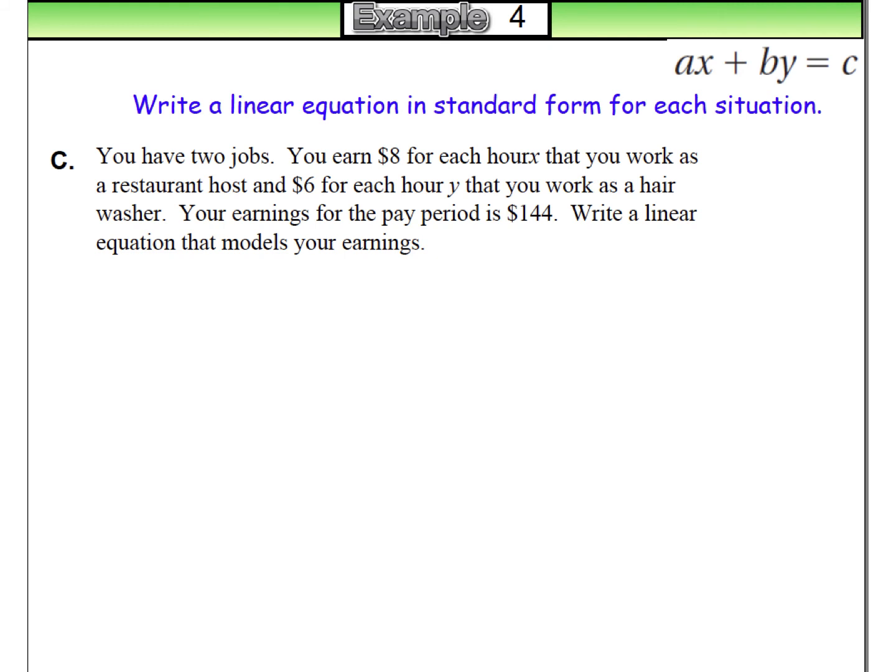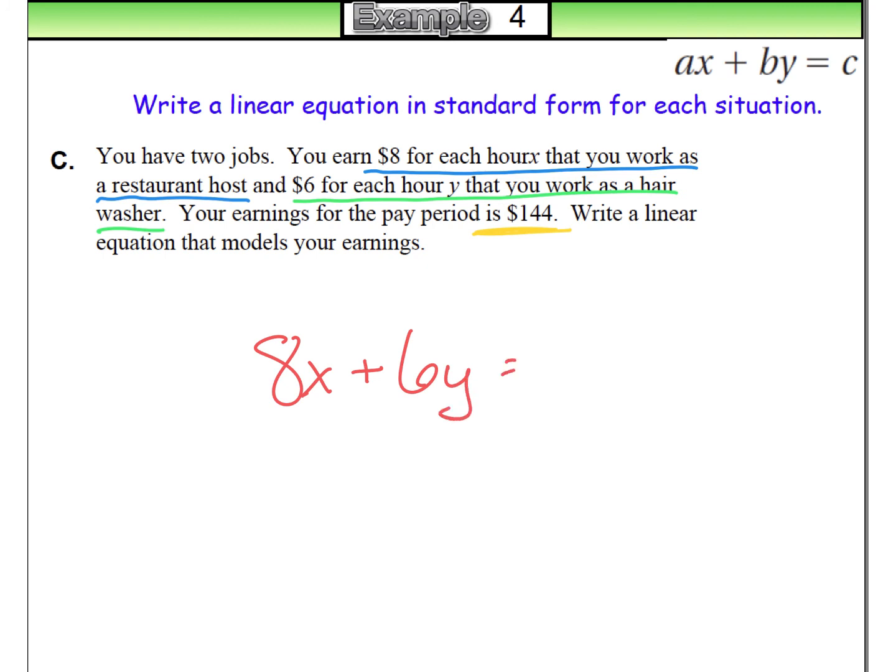Write a linear equation that models your earnings. So, $8 an hour that we work as a restaurant host would be thing number 1. $6 an hour that we work as a hair washer is thing number 2. And we earn $144. So 8X plus 6Y equals 144.